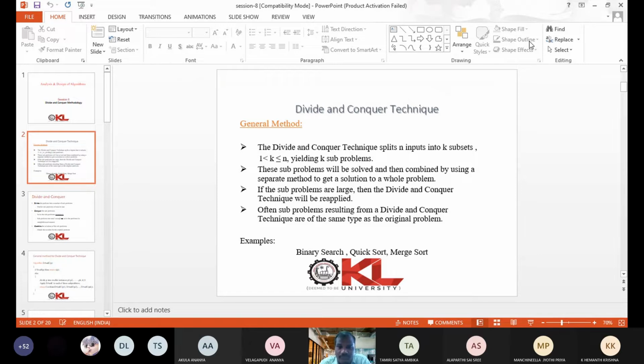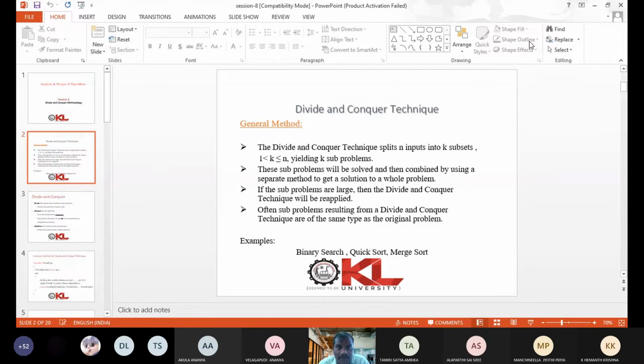It is very simple. The given problem is divided into k subproblems, where k is any integer. Then these subproblems are solved independently. After getting the solutions of the subproblems, they are merged, combined, to get the solution of the original problem.